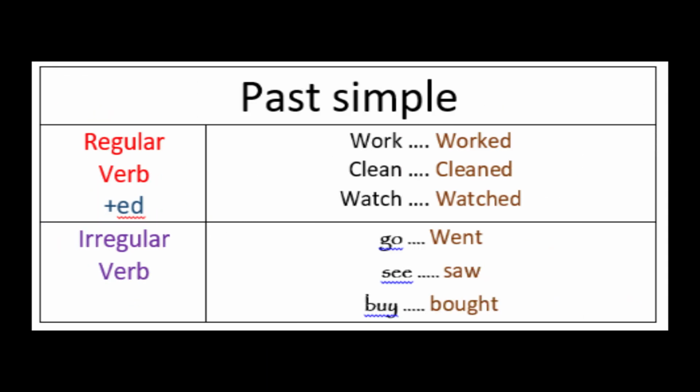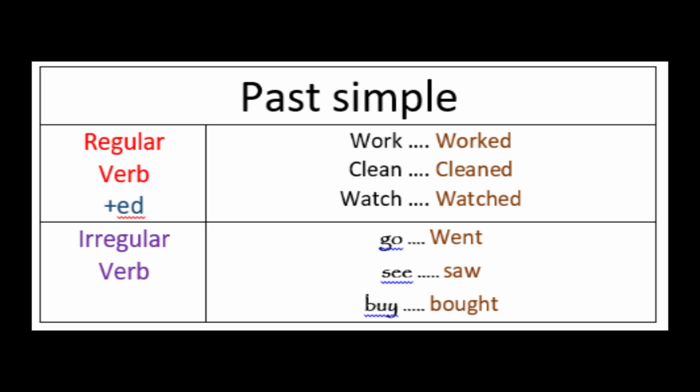Now let's look at how we form the past simple. In English, there are two kinds of verb, regular verbs and irregular verbs. The regular verbs are the ones that in the past tense just have ed or d. They end like that. For example, work becomes worked, clean becomes cleaned, watch becomes watched. Alright.